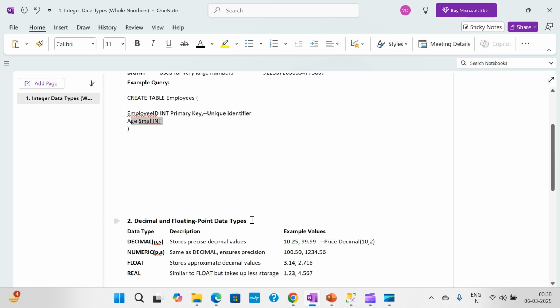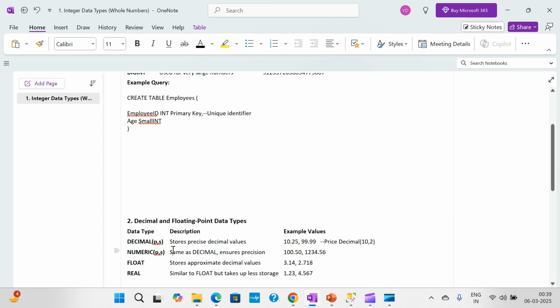Then decimal and floating point data types. DECIMAL stores precise decimal values like 10.25, 99.99. Here we have used the price column as DECIMAL(10,2); the 10 and 2 ensure that the price has 10 digits in total, with two decimal places.